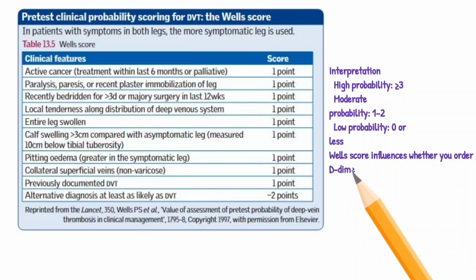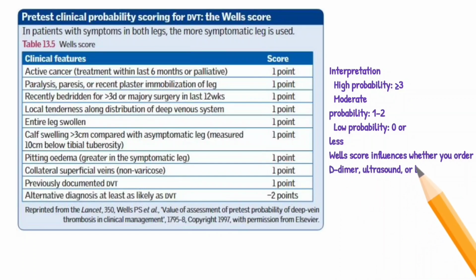Each feature in this Wells score carries 1 point, like active cancer, treatment ongoing within 6 months, or palliative treatment, paralysis or paresis, recently bedridden for more than 3 days, localized tenderness along the distribution of the deep venous system, calf swelling more than 3 centimeters, pitting edema or collateral superficial veins, and previous documented DVT.